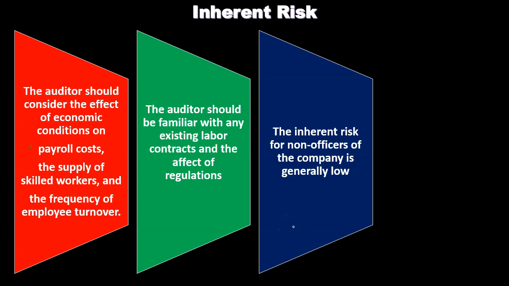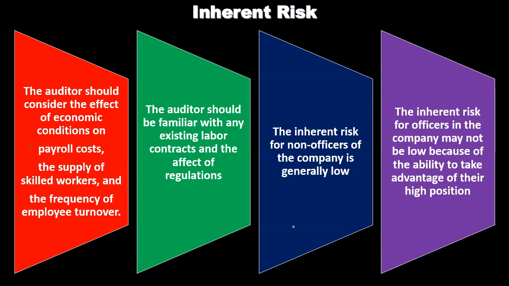The inherent risk of non-officers of the company is generally low. So when we're thinking about non-officers, we're going to set the inherent risk as lower. Now, of course, if we take all the non-officers and add them together, it could be a material factor. But any one individual non-officer is more likely to be able to freely come and go from the organization and not be an inherent risk factor in and of themselves.